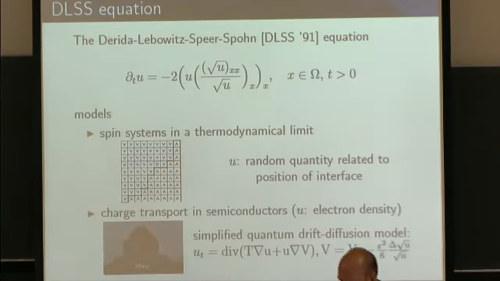Another application where this equation arises is for charge transport in semiconductors. There u is the electron density. So for example, if you consider a simplified quantum drift diffusion model like this here, T is the temperature, u is the electron density, and V is the electric potential that consists of two parts.